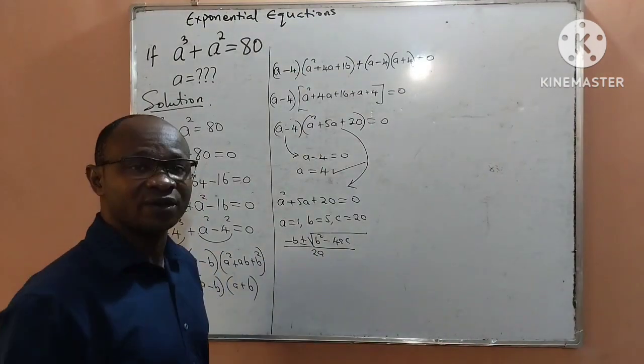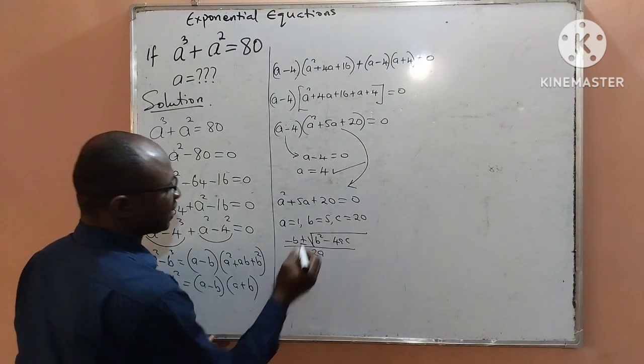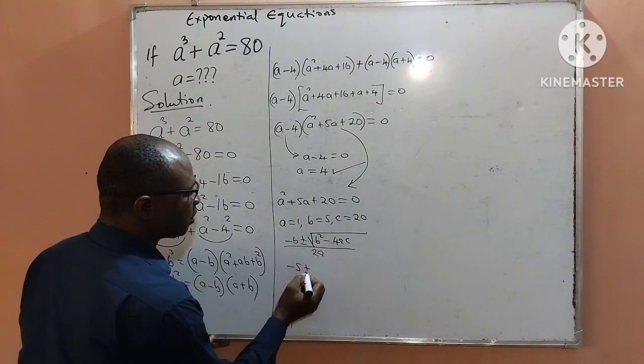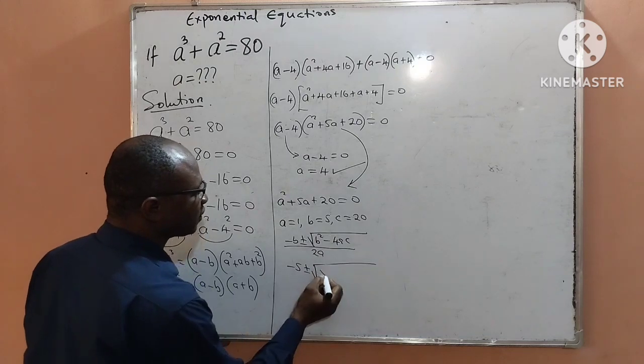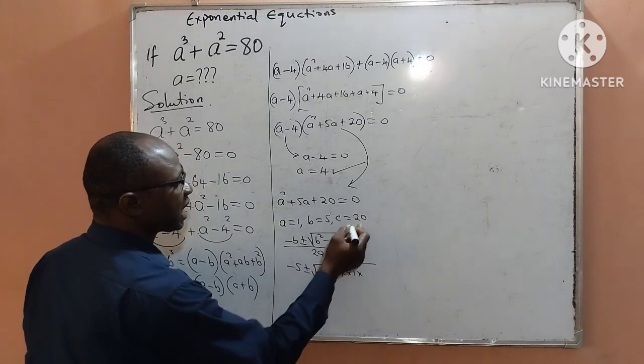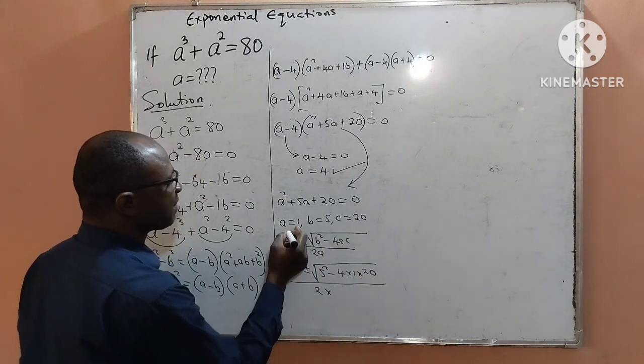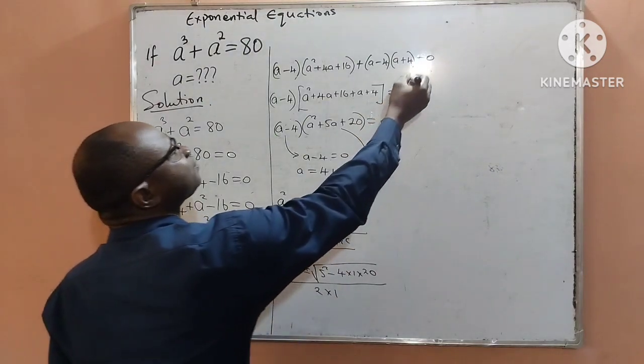Now, substituting the values of a, b, and c. From here, b is 5, so I have minus 5 plus or minus the square root of 5 squared minus 4 times a, and a is 1 and c is 20, everything divided by 2 multiplied by a, which is 1. Okay.